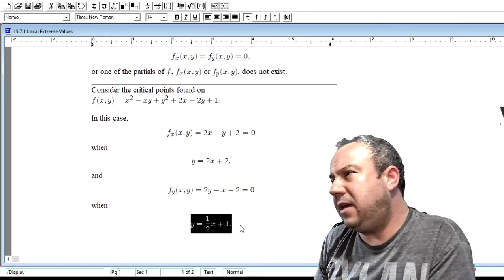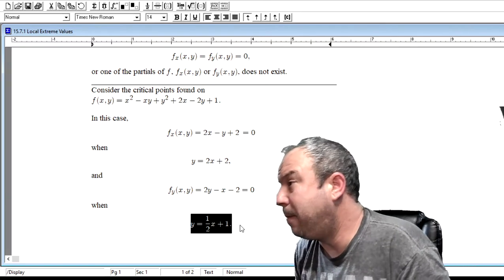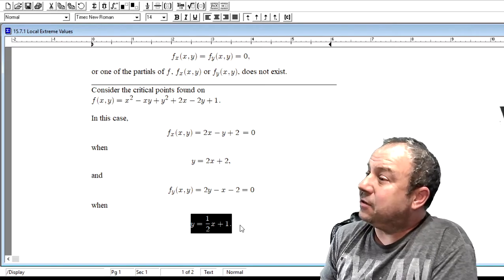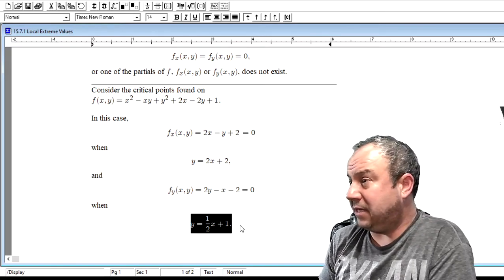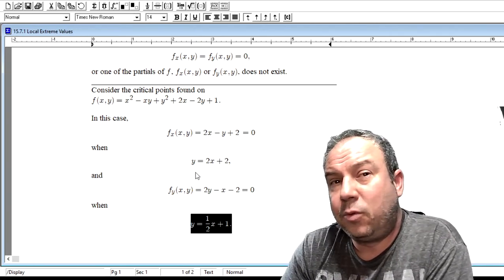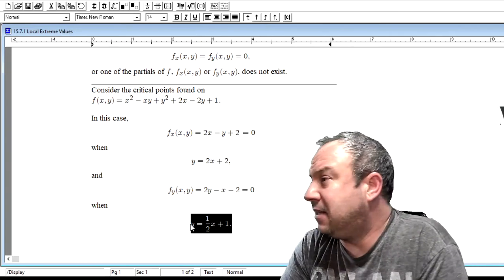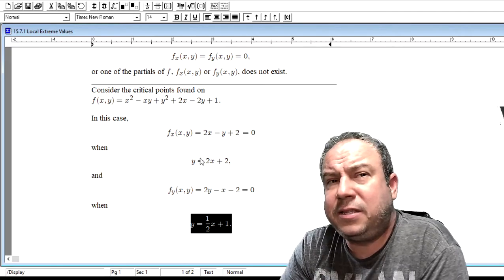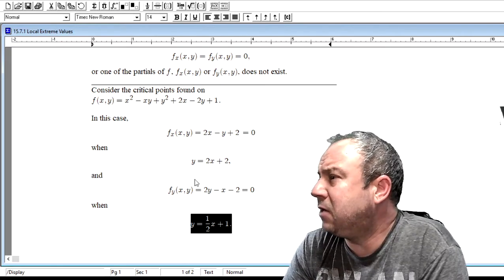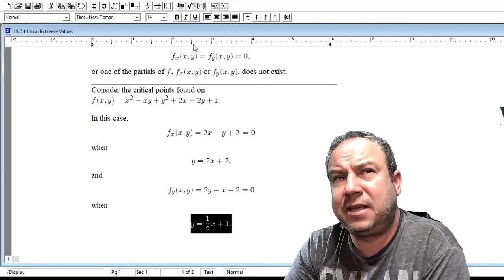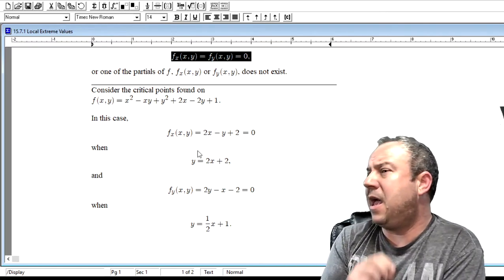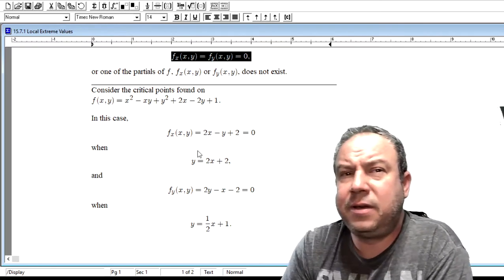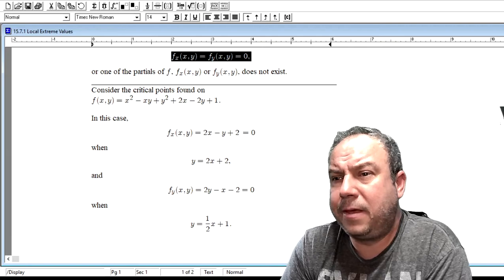So where they equal 0 simultaneously is where these two lines intersect in the xy coordinate space. Where this line intersects that line is where we expect these two partials to equal 0 simultaneously. That is where we will satisfy this condition. They will equal 0 at the same time at that location, known as a critical point.